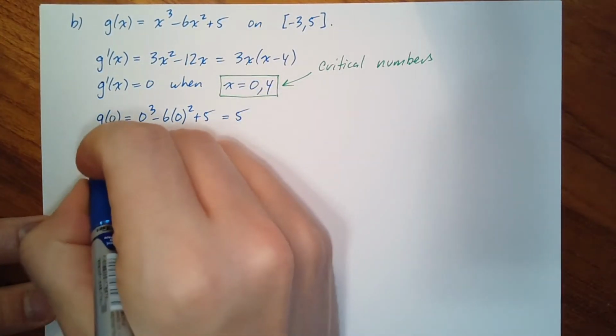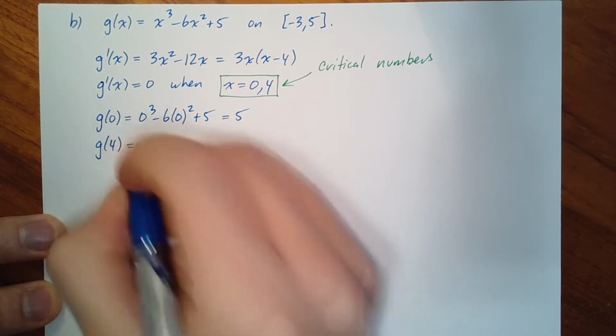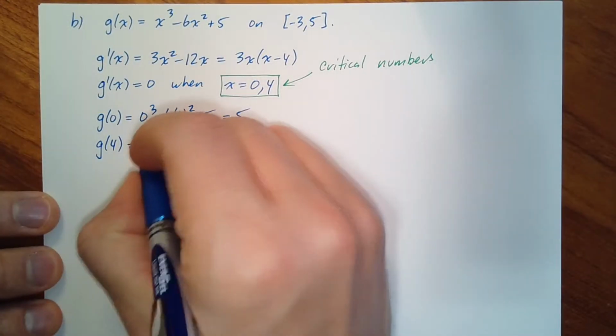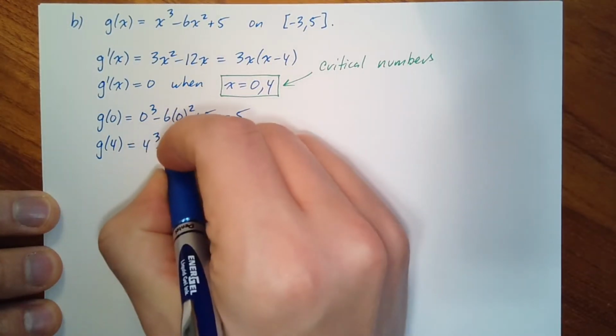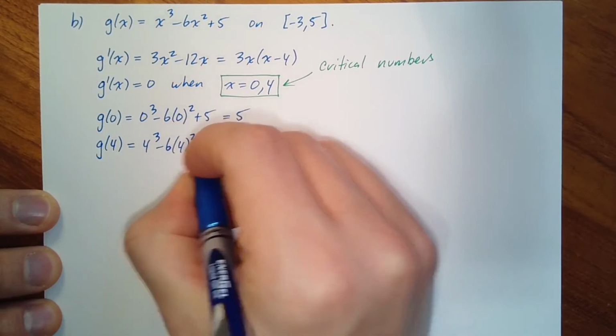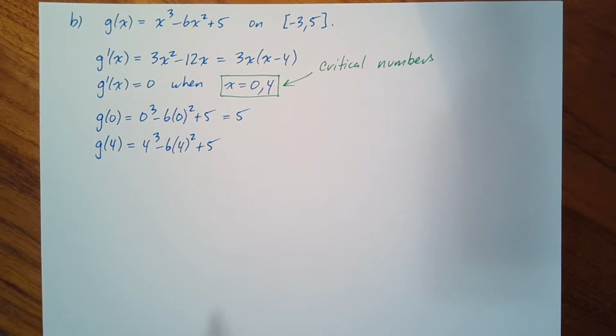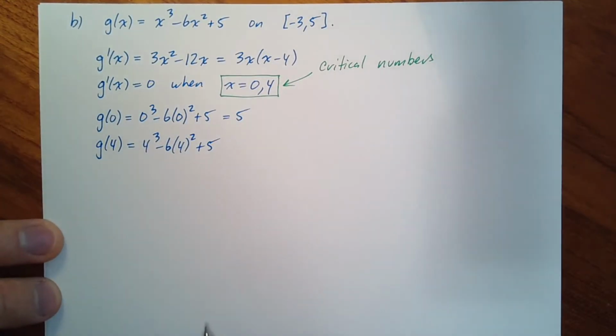And then g of 4. Well, what's g of 4? 4 cubed minus 6 times 4 squared plus 5. So what does that work out to be? 4 cubed, 4 times 4 is 16, times 4 again is 64.